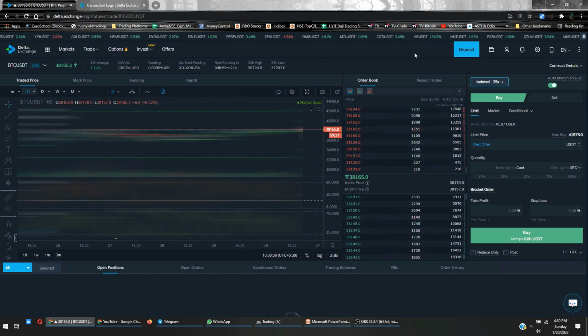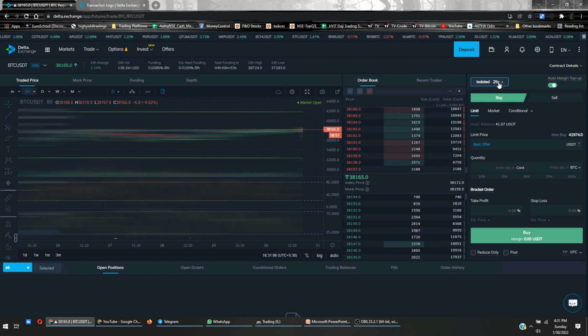Now moving on to the right hand side. We need to know every bit of it. The one that you see on the right hand side here. This block is very important. Let me take it one after the other. You see something as 25x here, and whenever we see 25x or 10x or 5x or 3x, we know that we are talking about the leverages.